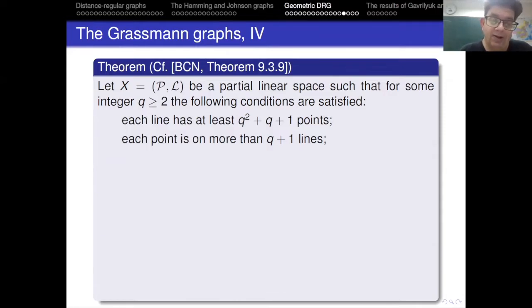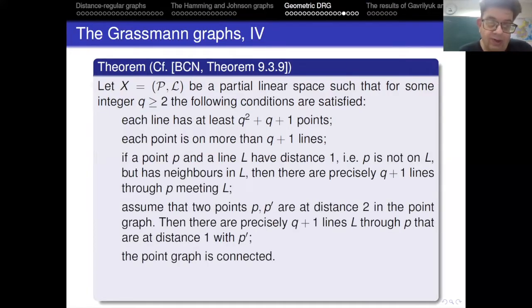Each line has at least q squared plus q plus 1 points. This is where we need the diameter at least 3. And each point is on more than q plus 1 lines, and that is also necessary because if we have diameter at least 3, that is also true.